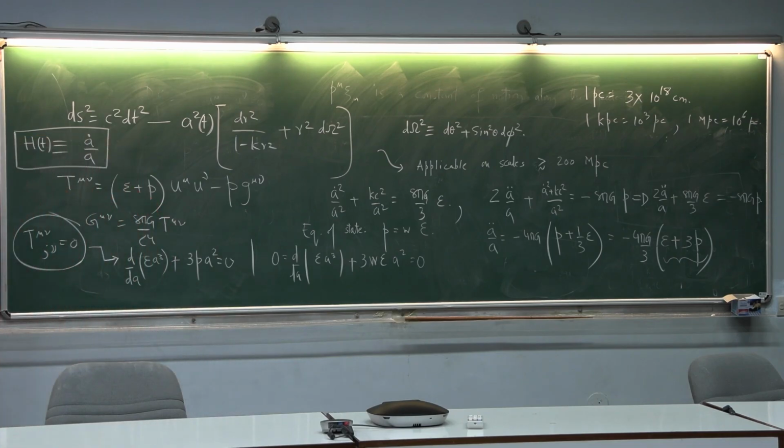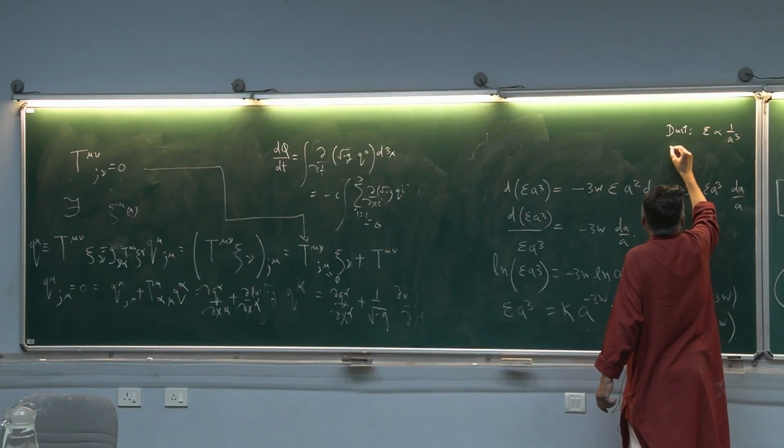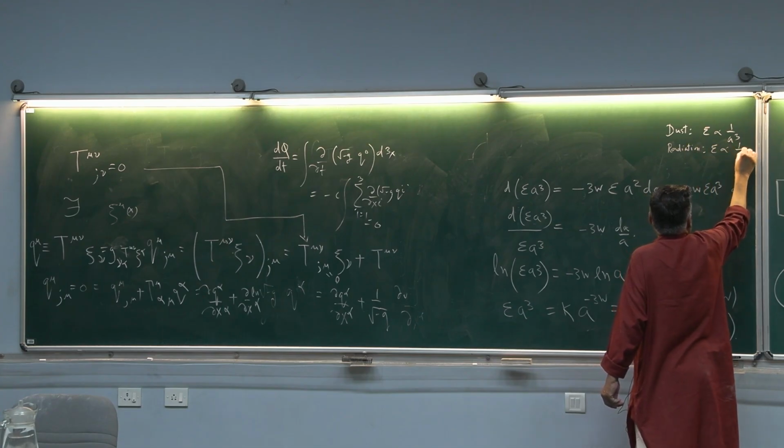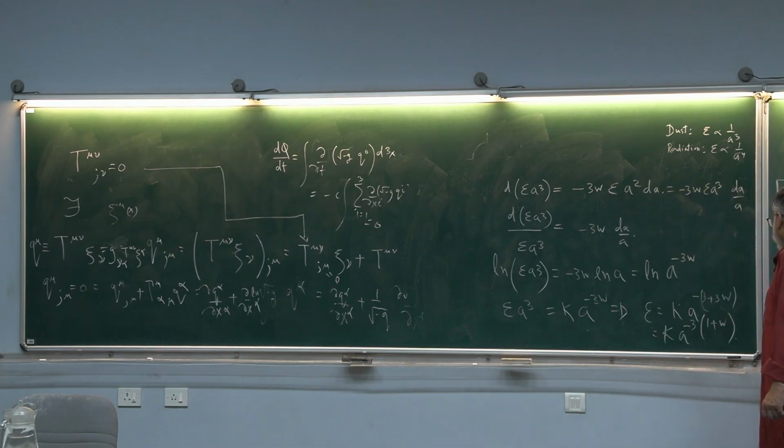So dust, energy density proportional to 1 over A cube. For ultra-relativistic particles or radiation, it goes as 1 over A to the power 4. Now you ask, can I have a system for which energy density is just constant?